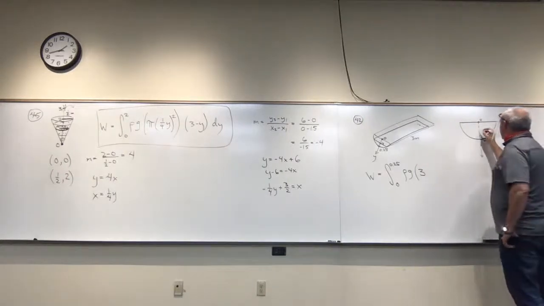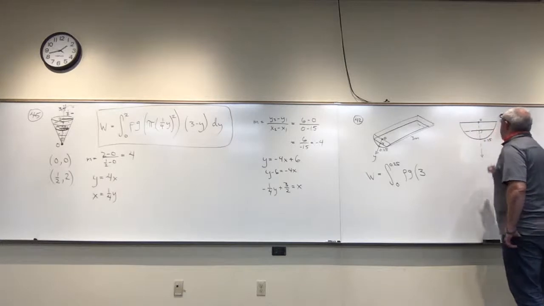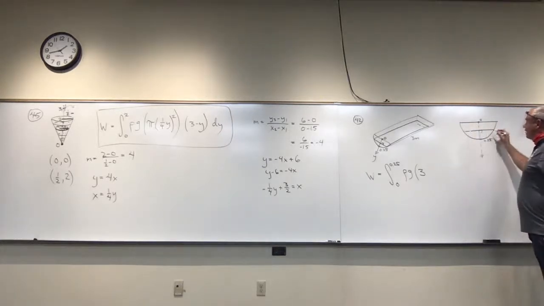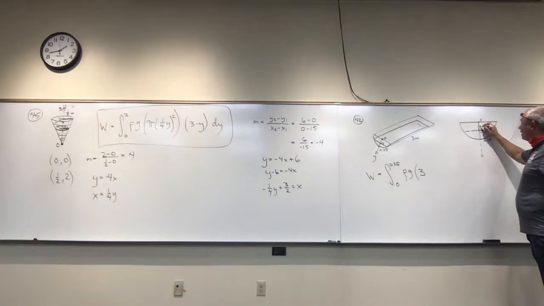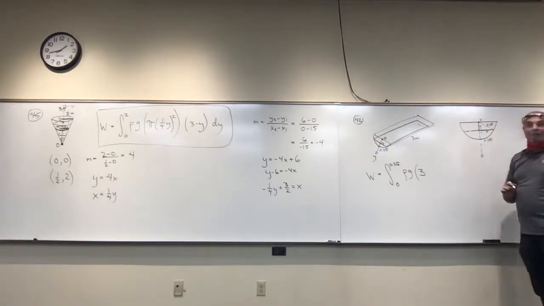I want to know if I'm sitting here at y, how far across is it? Well, I do know this. What is that distance? That's y. What's this distance? 0.25. And so I can figure out this distance that I'll call x.